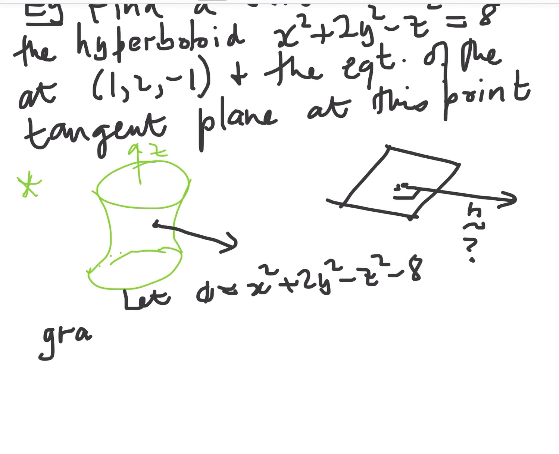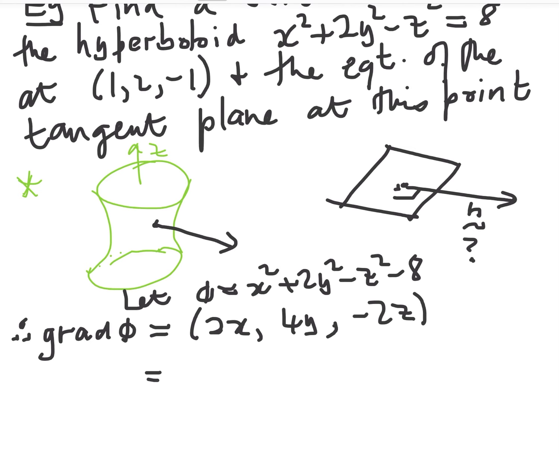You can exclude the 8. The grad of phi, therefore, will be given as 2x, 4y, minus 2z. That's the derivative of phi with respect to x, y, and z respectively. That's what we get. We need to evaluate this specifically at the point 1, 2, minus 1.